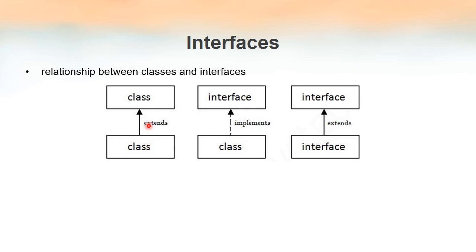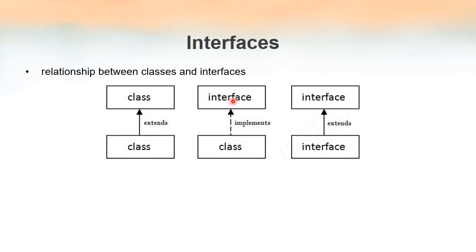When one class inherits the properties of another class, we use the keyword extends. So the relationship between two classes can only be extends. When one class makes use of an interface, the relationship is implements.